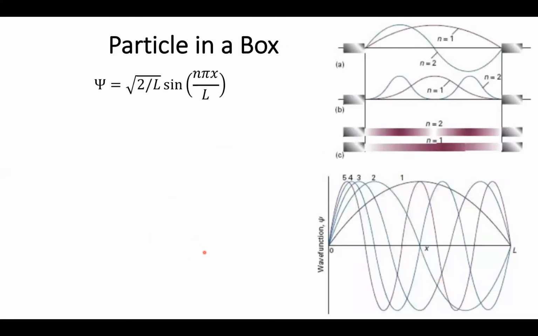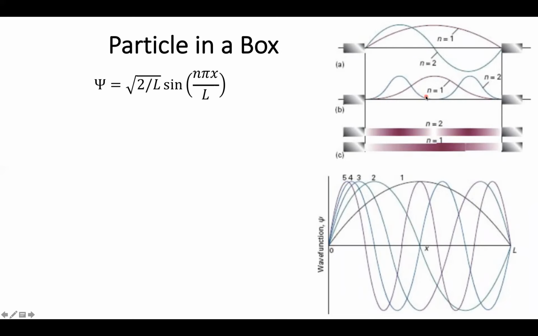It's also worthwhile looking at the shape of these behaviors. If I have a classic particle in its ground state, n of 1, we're going to have a nice, smooth behavior with most of the particle located in the middle, and a probability density that is a little more peaked and brought together.